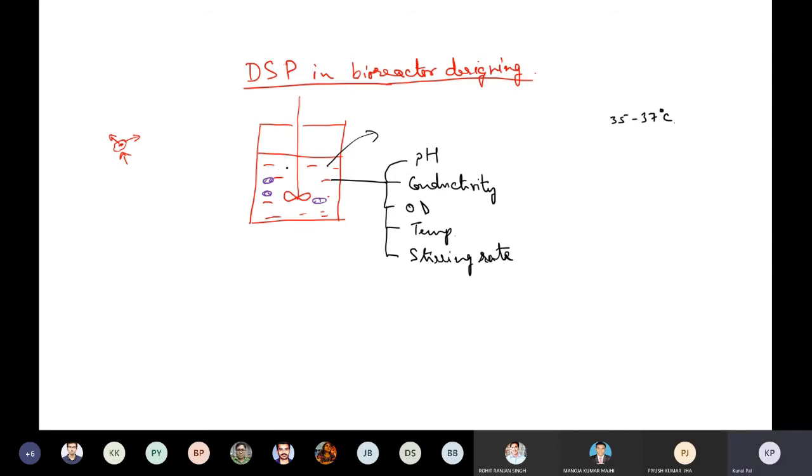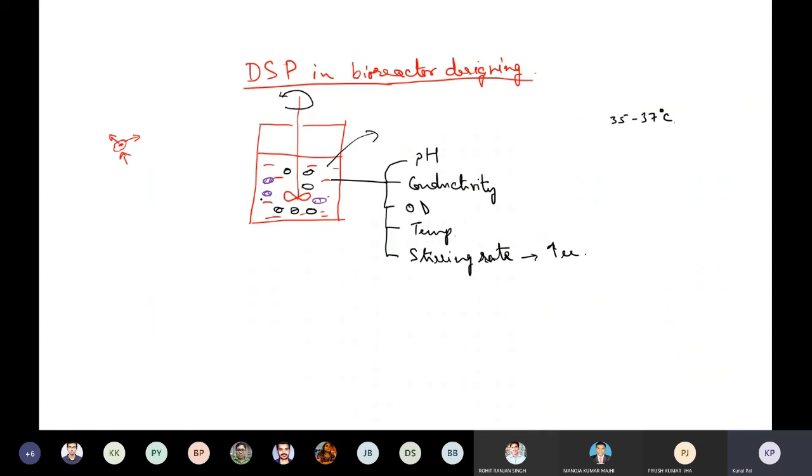Suppose stirring rate: when the number of microbes increases from the initial, it will increase the viscosity of the medium. The stirring rate you started with might not be suitable to maintain the similar kind of fluid dynamics within the bioreactor vessel. So you may have to increase the stirring rate over there, right?